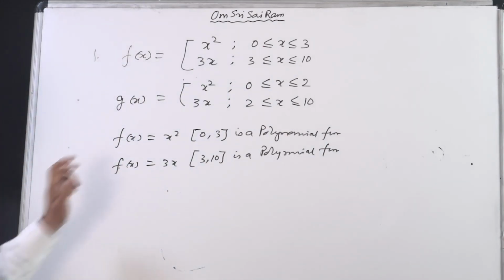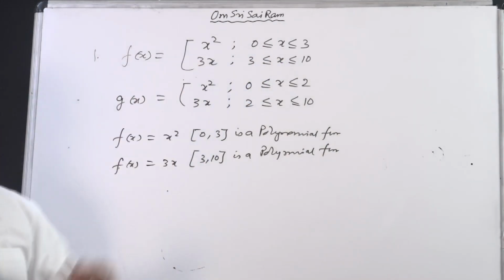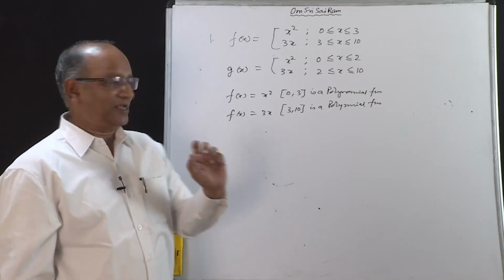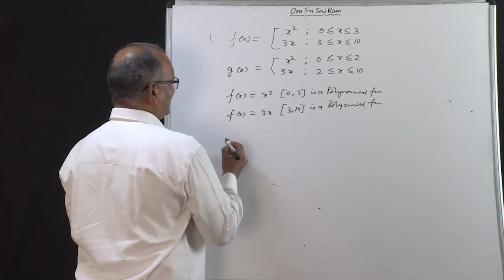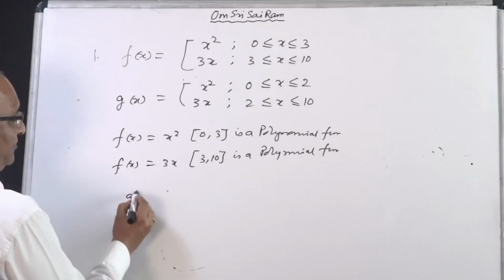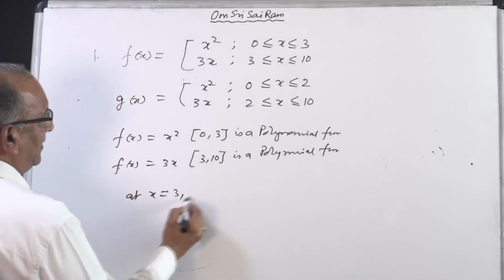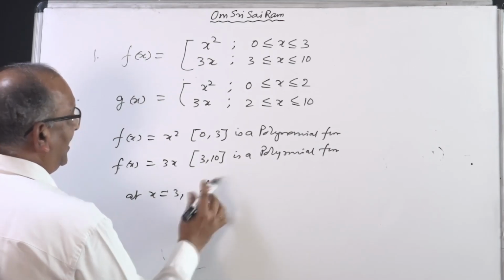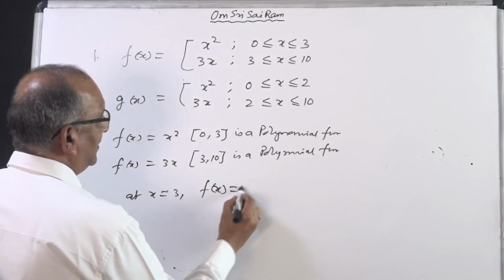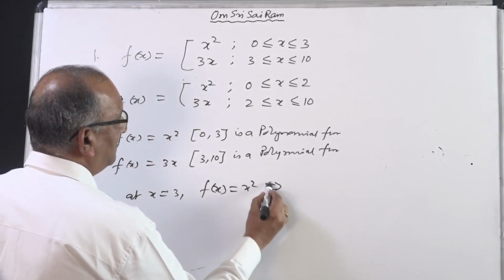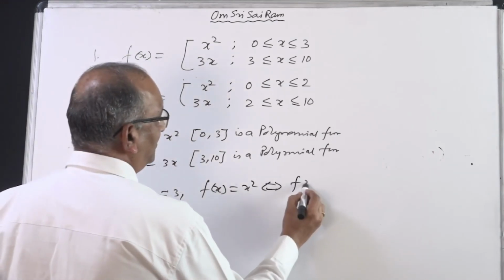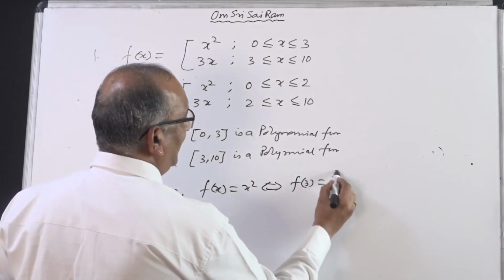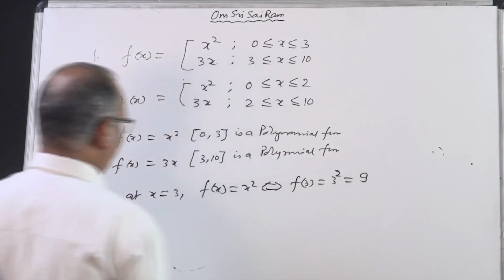But what is happening at 3? It is changing. So let us check at 3. In the first case, at x equal to 3, f(x) equal to x square gives you f(3) equal to 3 square equal to 9.